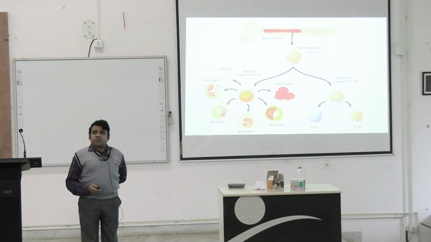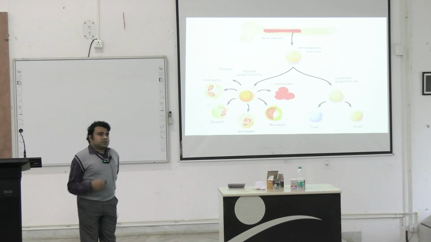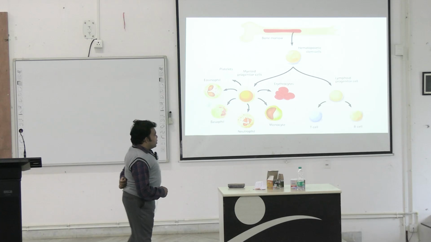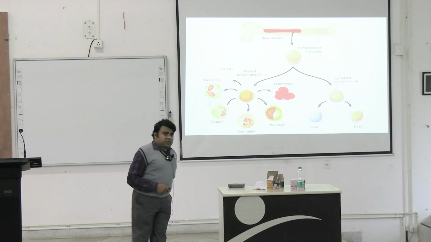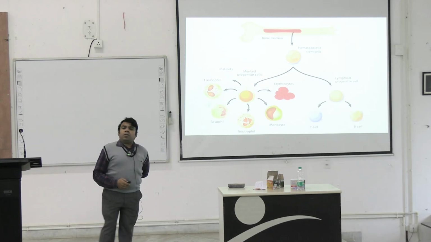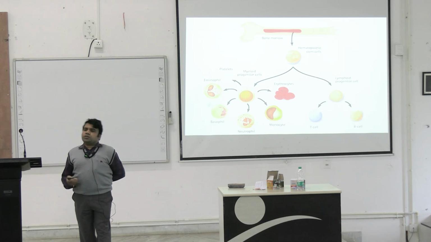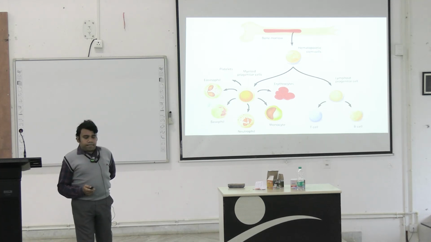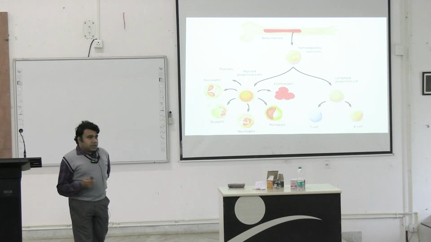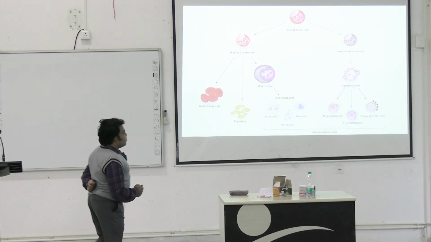The other wing will give rise to megakaryocytes, ultimately platelets, and red blood cells. The lymphoid progenitor cells will ultimately divide to form many cells. The most important would be the T cell and B cell. Some other cells would include the natural killer cells. Again, I will come to those later on.